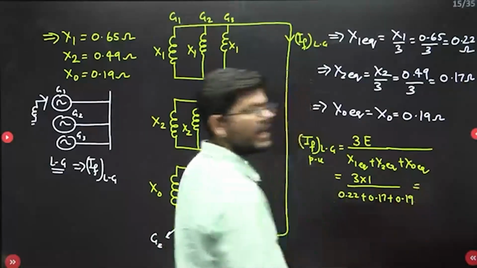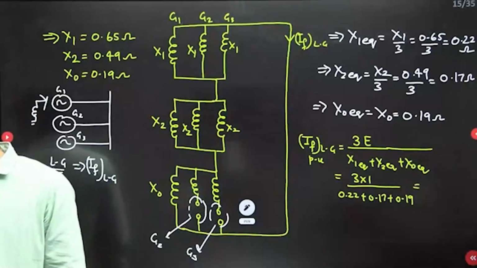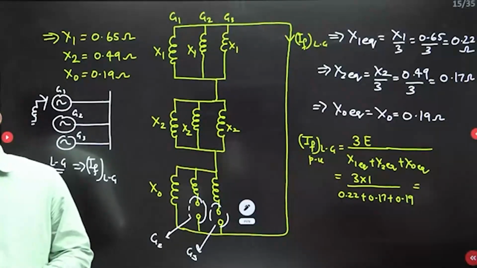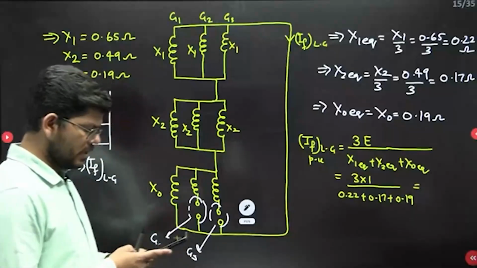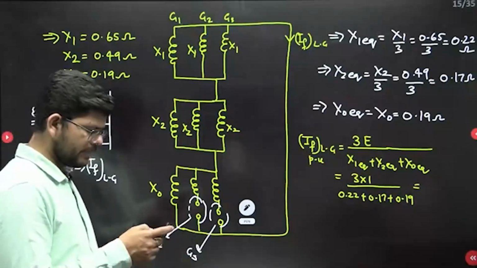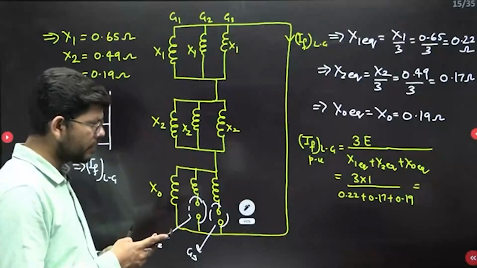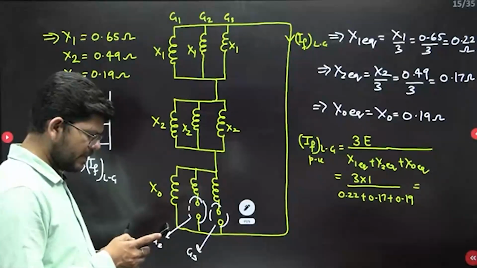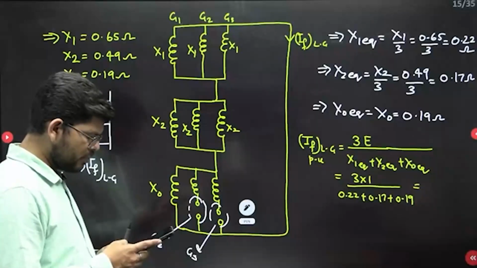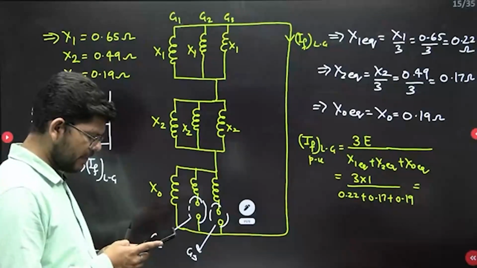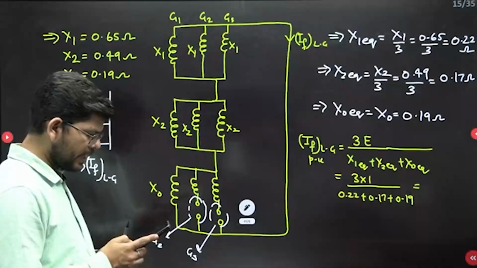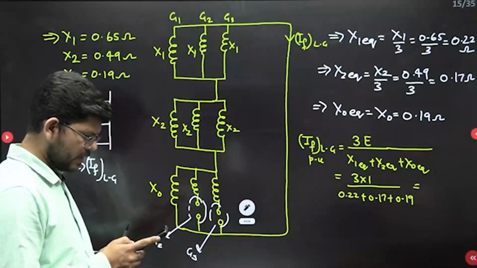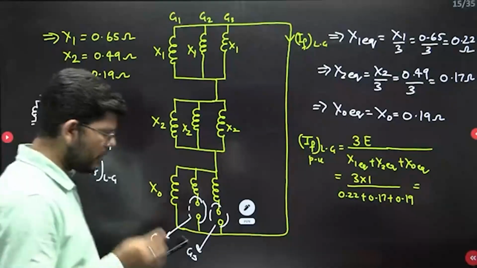So how much will you get as the value of fault current? Let me calculate. We have 3 divided by 0.22 plus 0.17 plus 0.19. So you will get around 5.17 per unit.